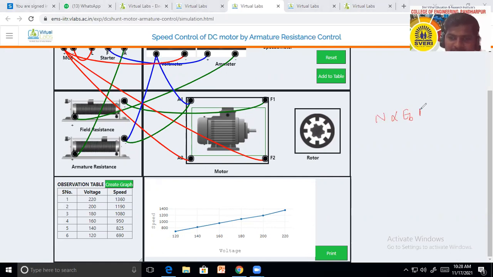If the back EMF or Eb increases, the speed of the motor increases. See, initially at 120 volt back EMF, the speed is near about 690. At 140 the speed is near about 825. Okay, so this graph will be like this.